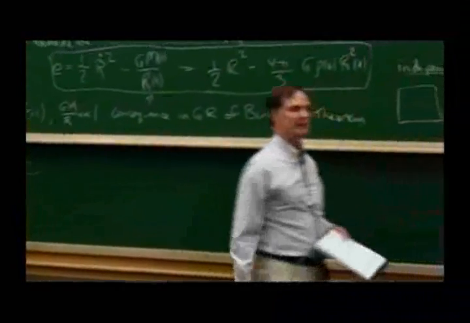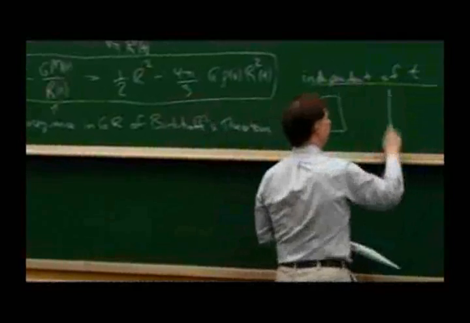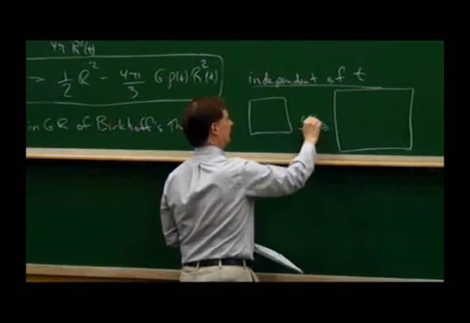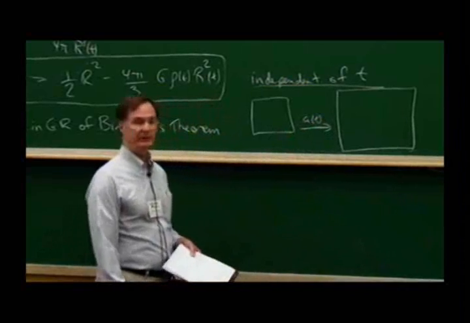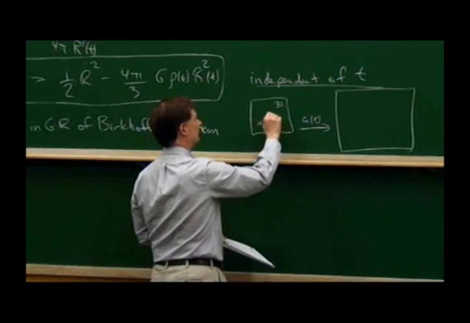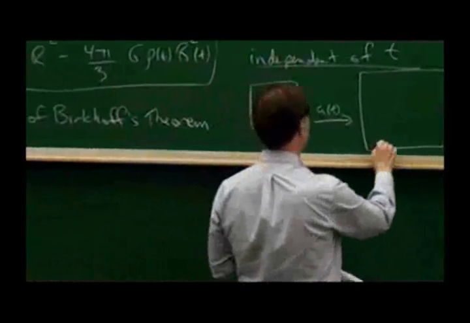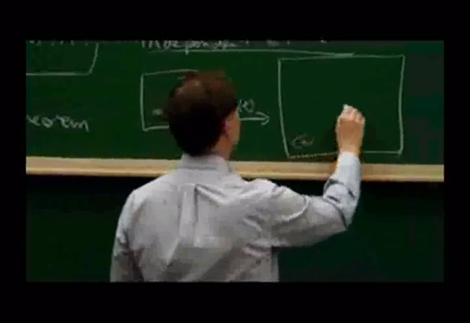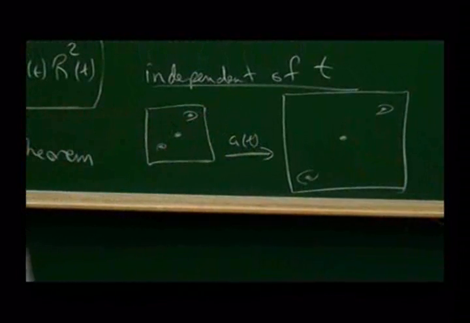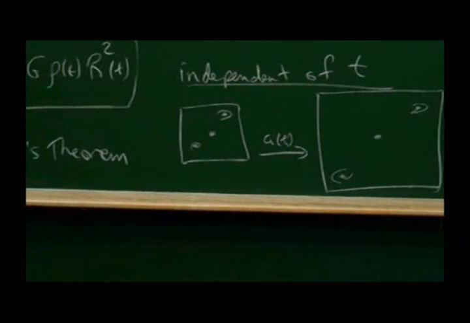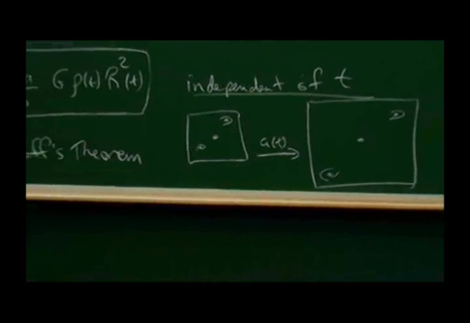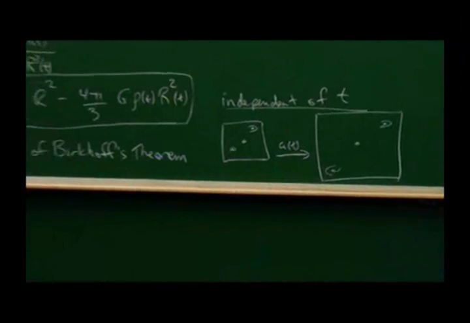Suppose I have a little volume which is going to grow with time because A of t grows. And I populate this with galaxies. The galaxies will separate. That's the Hubble expansion. But the number of galaxies per volume doesn't change.